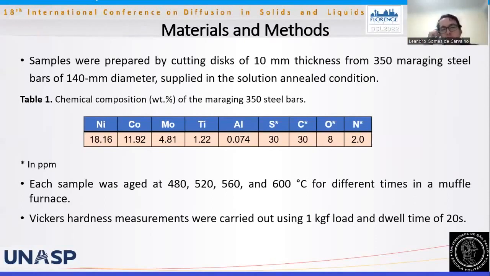Each sample was aged at 480, 520, 560, and 600 Celsius degrees for different times in a muffle furnace. Hardness measurements were carried out using a 1 kgf load and a dwell time of 20 seconds.